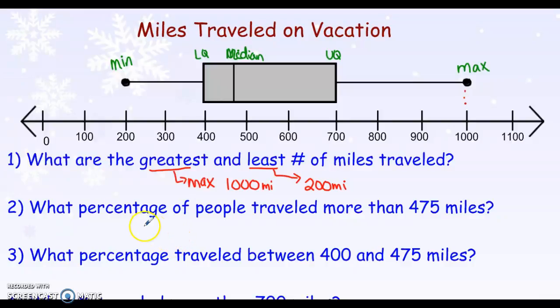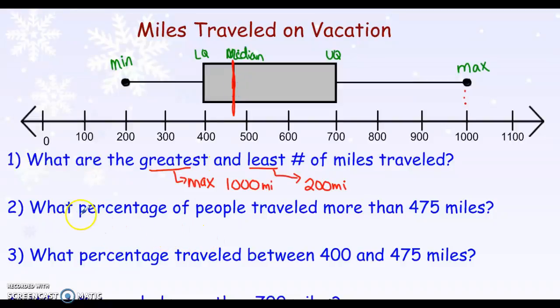Question 2. What percent of people traveled more than 475 miles? For this one, we really need to understand what each of these represent. 475 miles is right here, and that's defined as the median. The median is the middle.